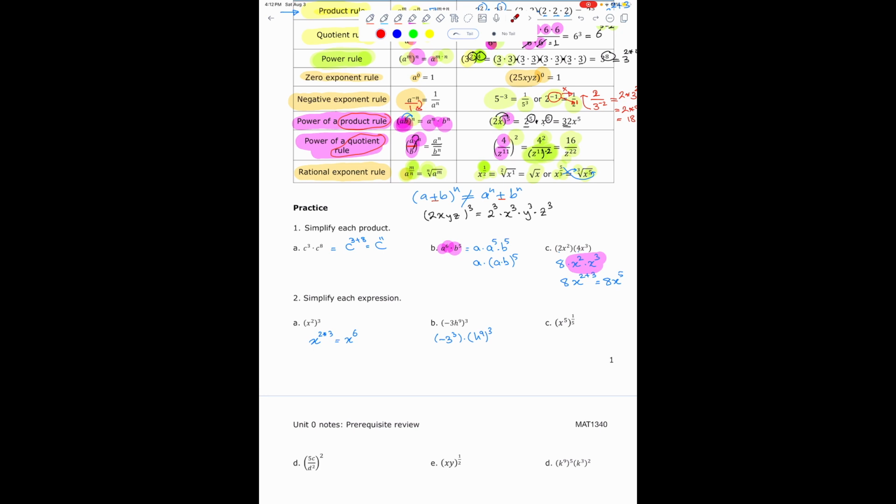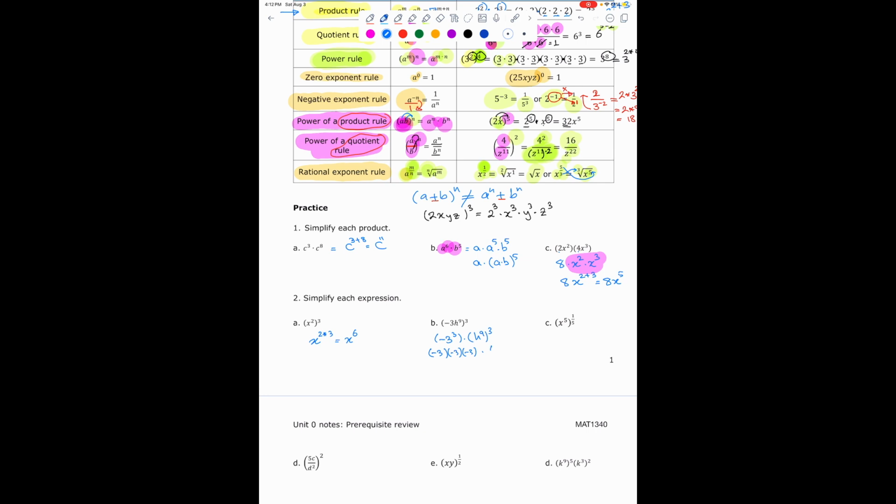Now I'm going to apply the power rule, because now I have one expression raised to a power, then one expression with a power raised to another power. Negative 3 to the 3rd power is basically negative 3 times negative 3 times negative 3 times h to the 9th raised to the 3rd. Here's where the power rule is going to come handy.